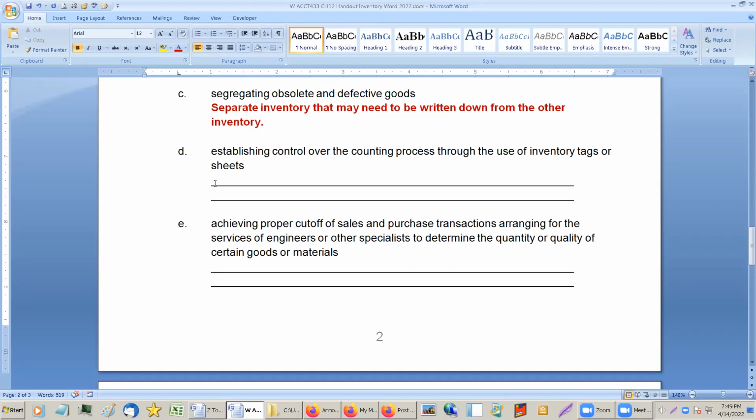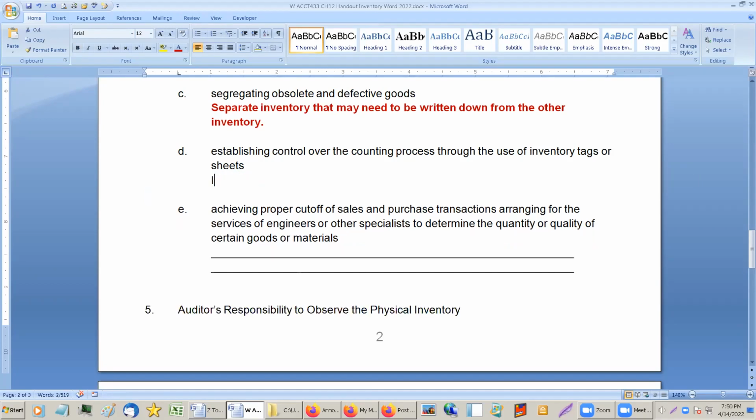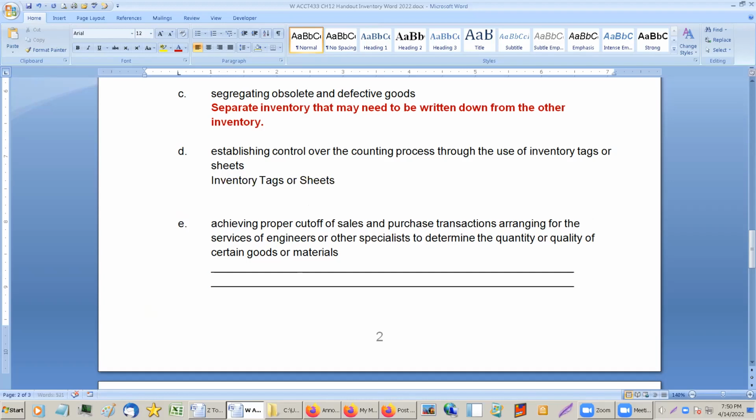Okay, establish a control over inventory tags or sheets. We kind of talked about this a little bit. These are pre-numbered.